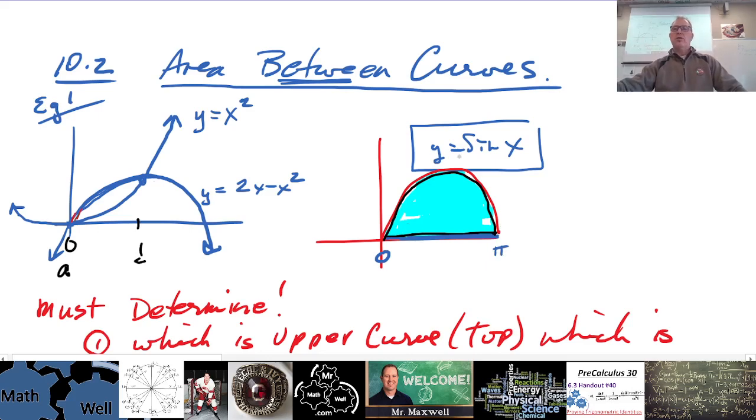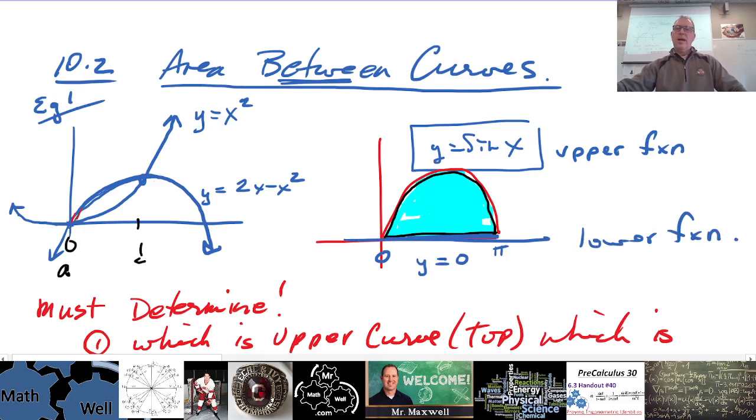What we are doing, in effect, is treating the sine x graph as the upper function, and y equals 0, right here, as the lower function. So what happens if this lower function changes? Well, instead of subtracting 0, we would subtract whatever the lowest function is. That's what we end up doing.